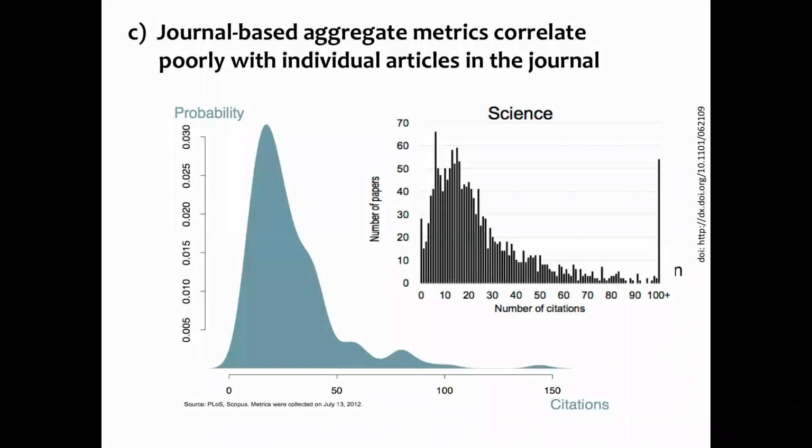But more importantly, what this means is that there are a small number of articles that get a large number of citations, but the vast majority of articles, no matter what journal you're talking about, whether it's PLOS ONE, PLOS Biology, or Science, the distribution looks very similar. The difference is in how many rare events are out here that have large numbers of citations.